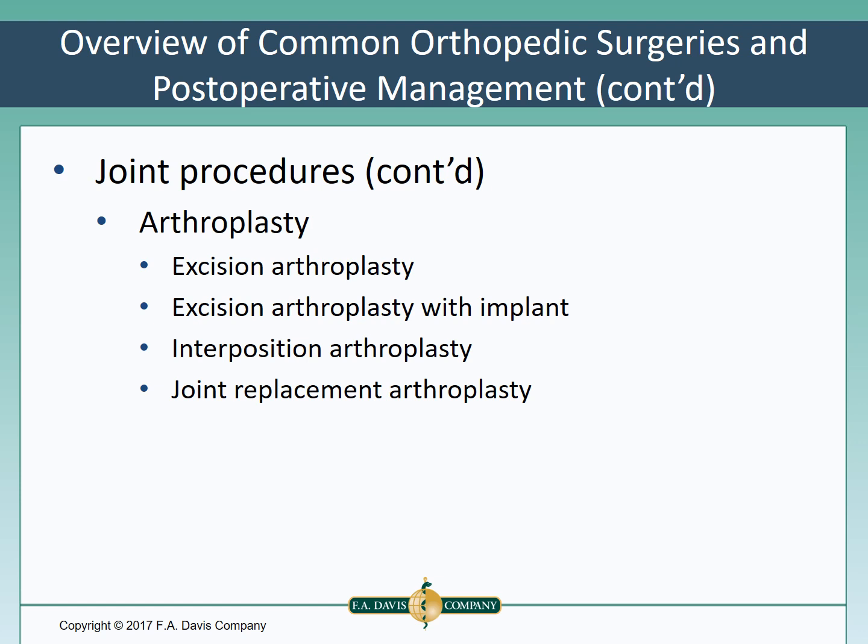So then we can get to an arthroplasty. What arthroplasty means, arthro joint, plasty, means they're doing something to it. They could potentially replace it. Excision, right? They're just taking some stuff out. So excision arthroplasty may be used if a patient has a leg length discrepancy or a bony abnormality.